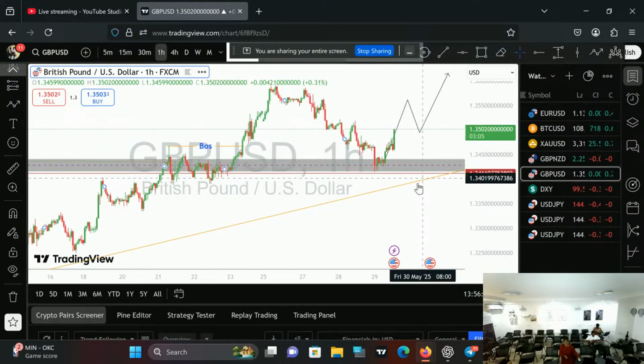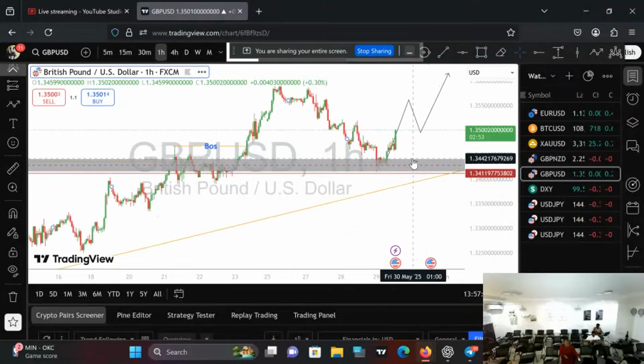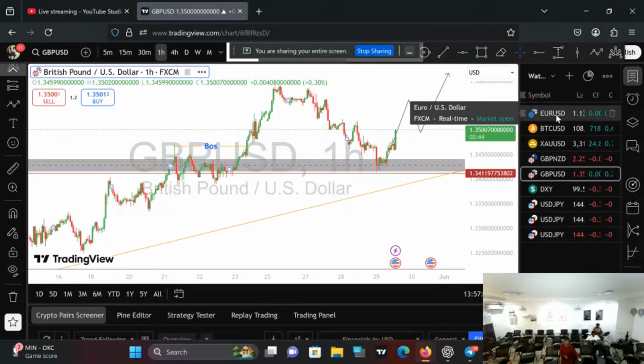And if you have taken this trade in the morning, I think it should be massive profit by now. Okay, so if no question, if we're all okay with the analysis, I think we can move to the second pair.